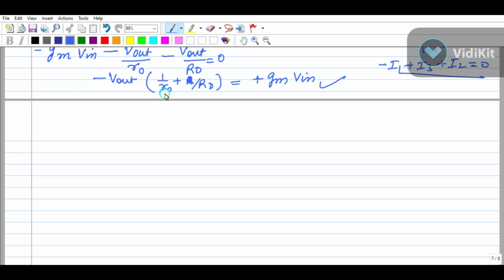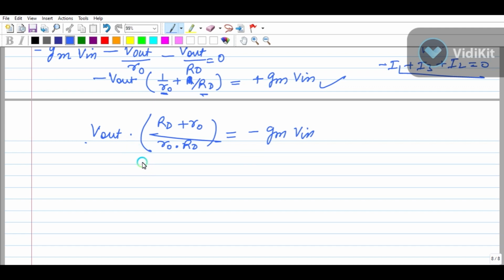Now we have to take the LCM here. So LCM will be R naught dot RD, and on top it will be RD plus R naught. Okay, so this is V out. You can take negative on this side, means GM V in. We need V out by V in, so take this thing on this side and bring this V in on this side.